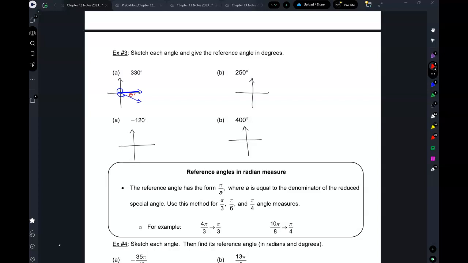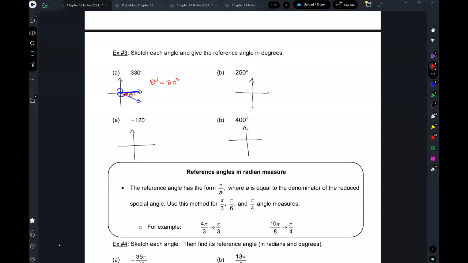So 330 for the blue angle, it's 360 all the way around the circle, right? So Ethan, what do you think about the reference angle here? It'll be 30 degrees, right? 30 degrees. So theta prime is 30 degrees. That's the reference angle. It's that balance right here.